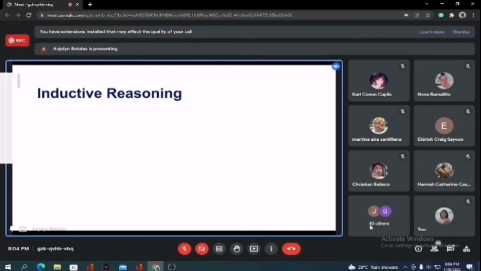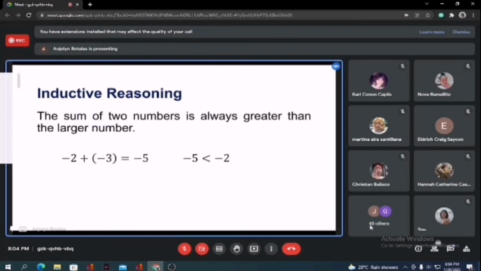From specific to general. Naakay mga gitag nga mga examples or cases, mga kag pattern for that, and you're going to make a general statement. That is the conjecture. So, mana inductive reasoning.